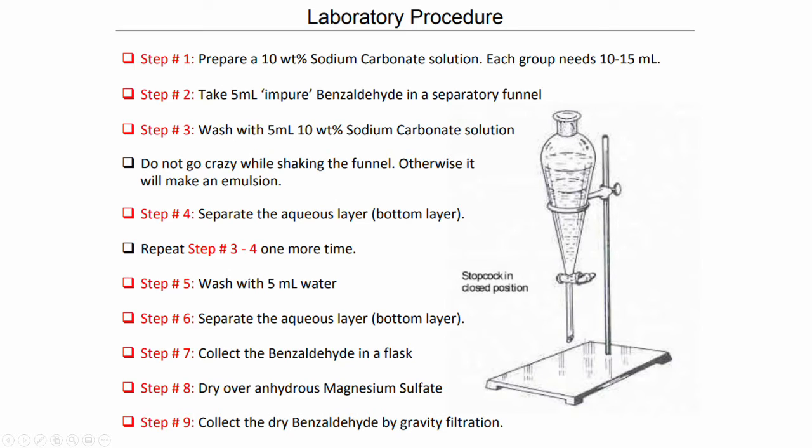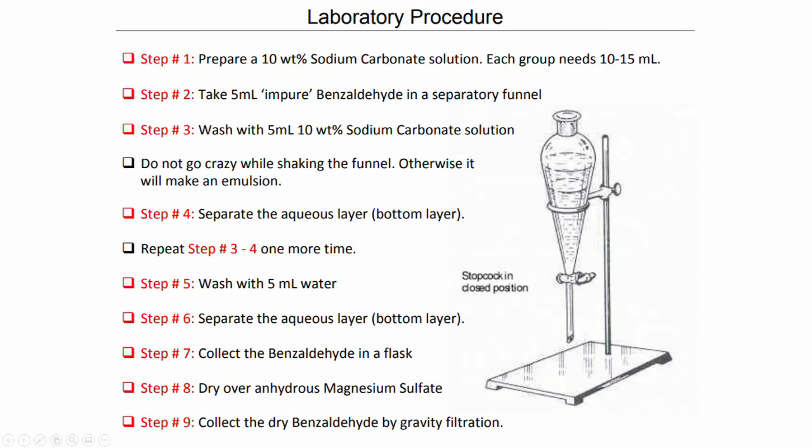We just mix it gently. We don't want to shake it too crazy, or else we'll create an emulsion that can be difficult to separate. So we mix it gently and let the sodium carbonate react with the benzoic acid. Once we're done mixing, we put it back onto the ring and let the layers settle. You can see there's a layer up here and a layer down here.